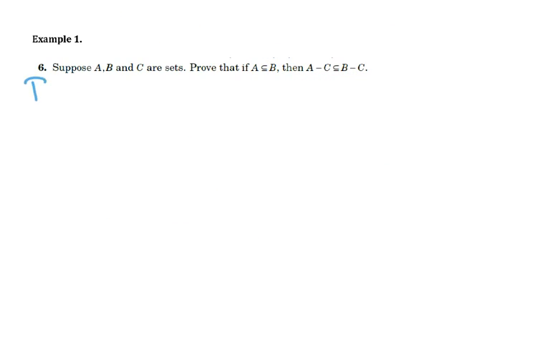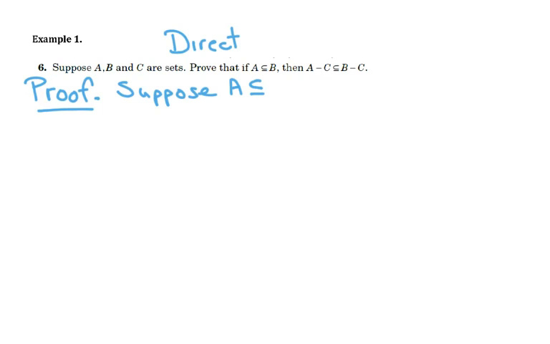All right. We are going to start by saying, suppose, this is a direct proof, A is a subset of B. Now, this is a little different than what we've done before.